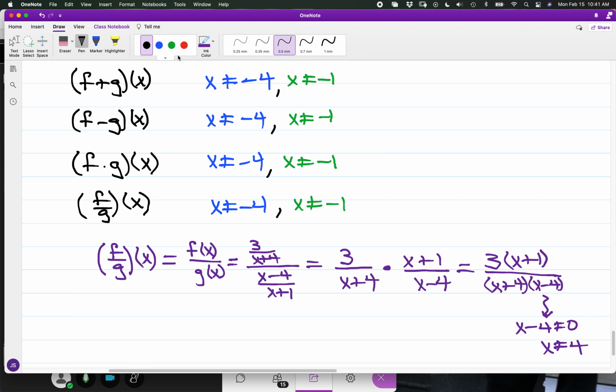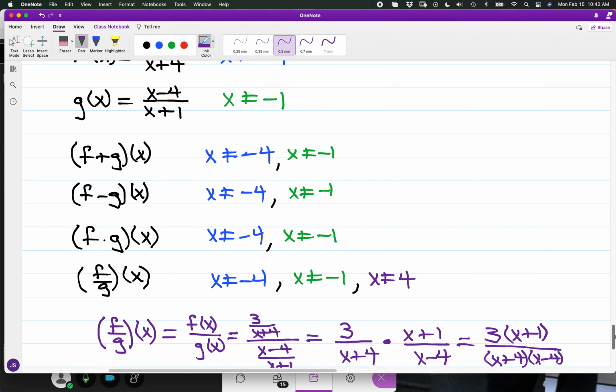That means for f over g of x, we have this added restriction, which comes from taking the reciprocal of the bottom fraction.